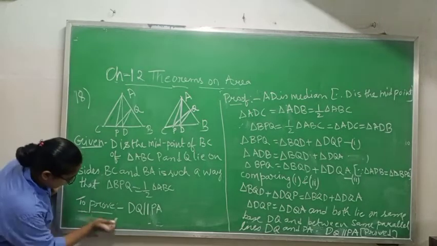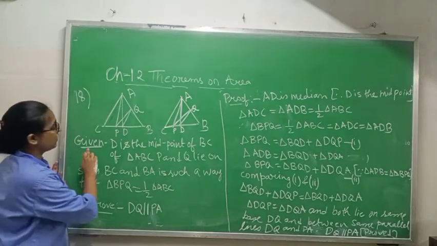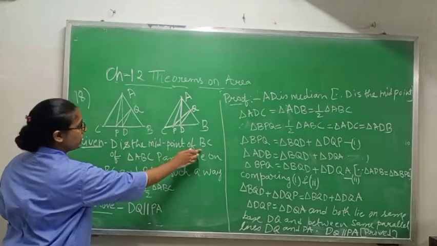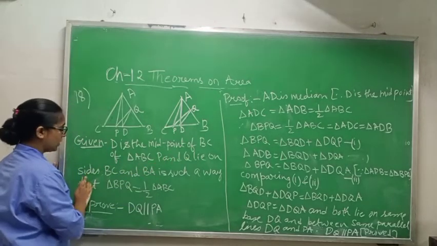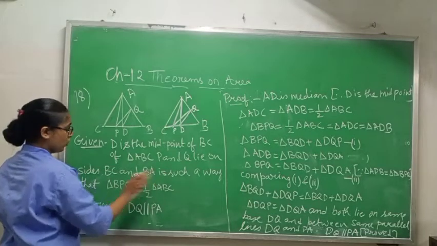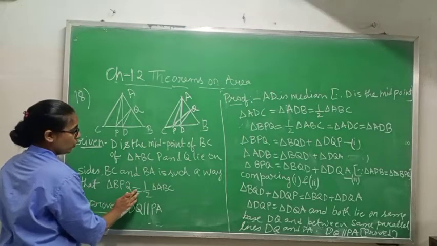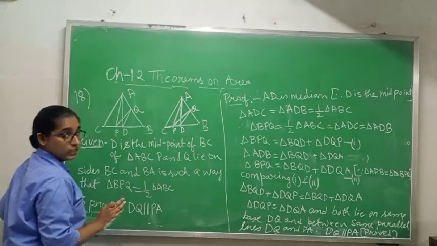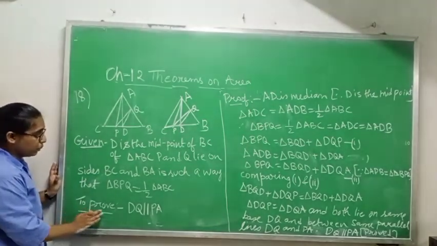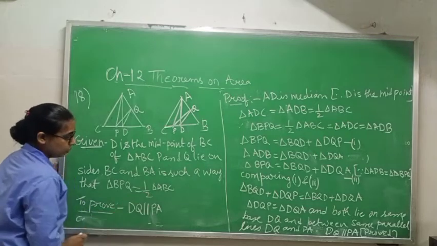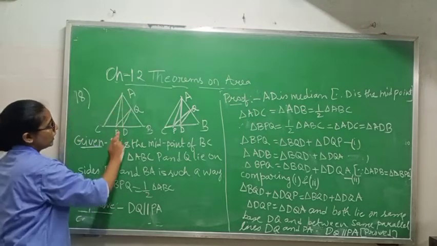So in the construction, first see the given part: D is the midpoint of BC of triangle ABC. P and Q lie on the sides BC and BA in such a way that triangle BPQ equals half of triangle ABC. It is given already in the book, so you can copy from there. To prove DQ is parallel to PA.